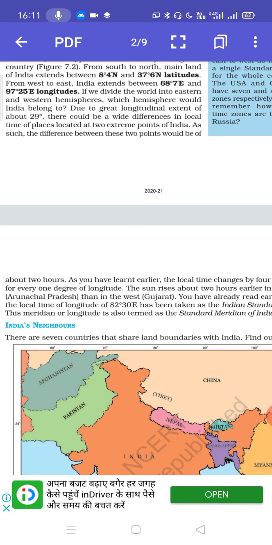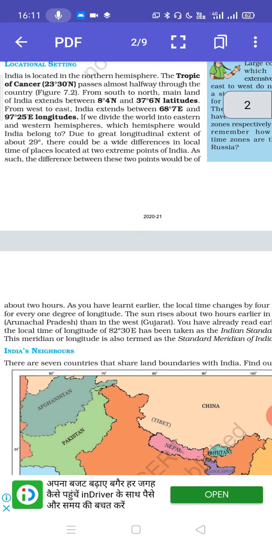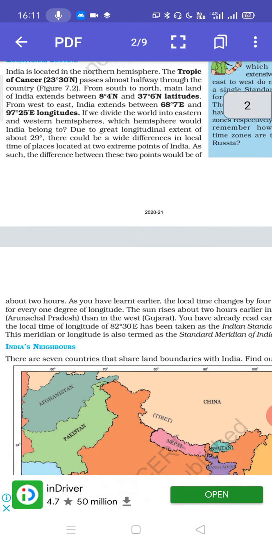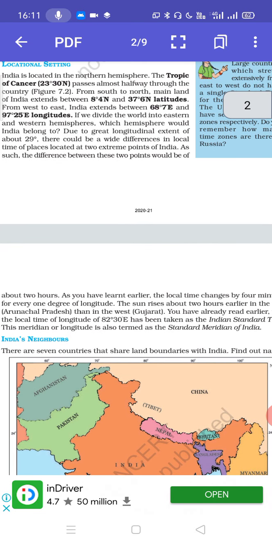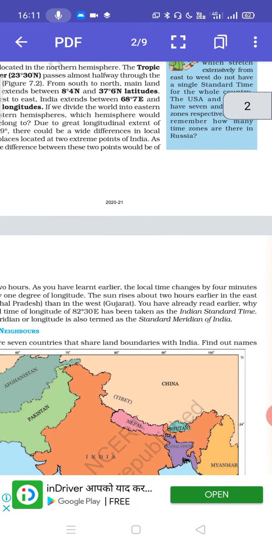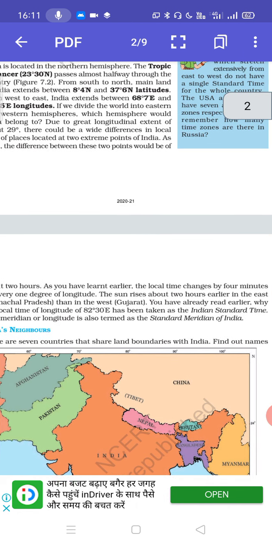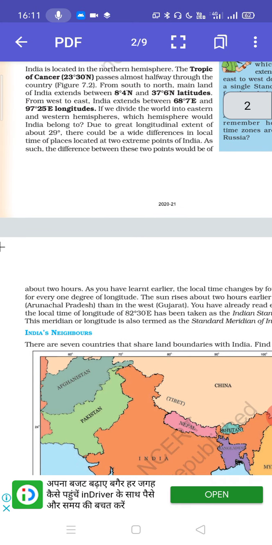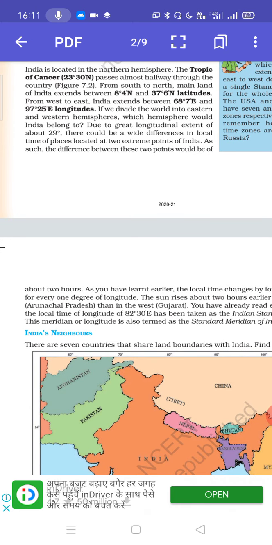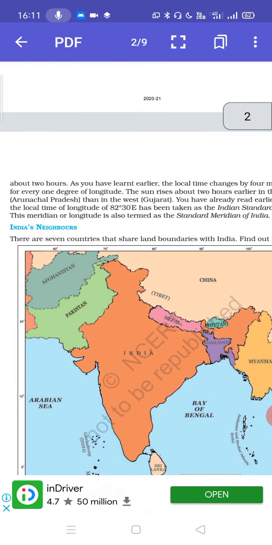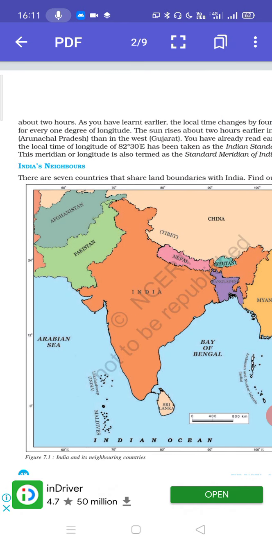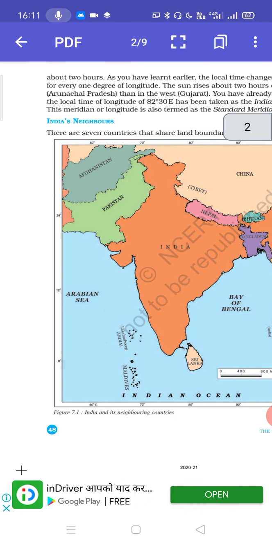So places have different timings for sunrise and sunset. Here they have given the example that sunrise is 2 hours earlier in Arunachal Pradesh than in west Gujarat. You can see the map of India and understand the places.